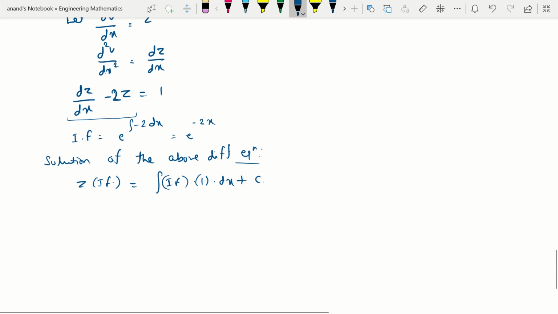So we get z e^(−2x) equals the integration of e^(−2x) dx plus c.